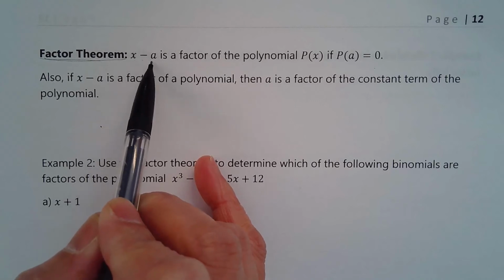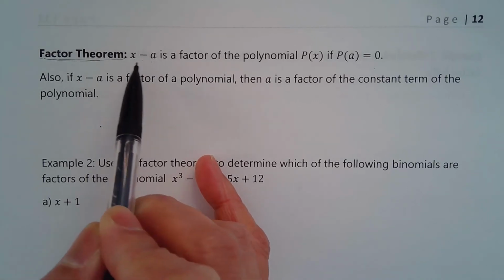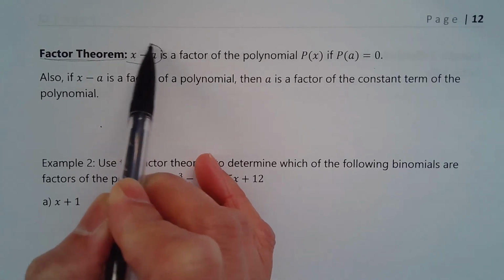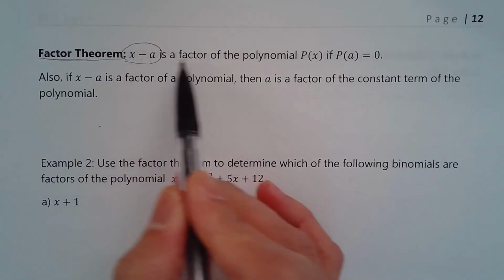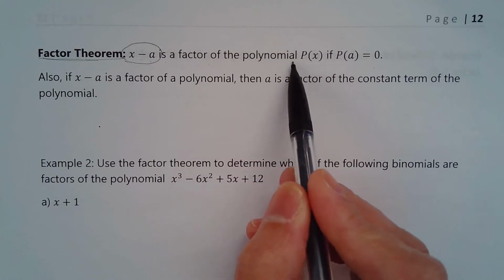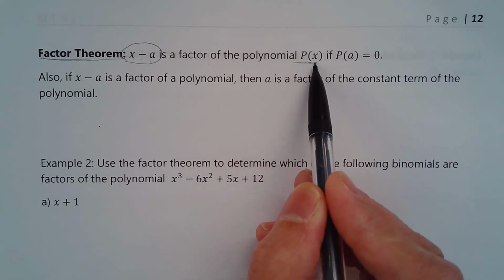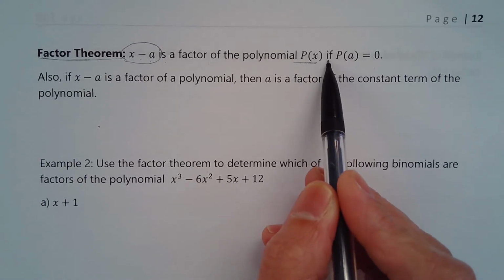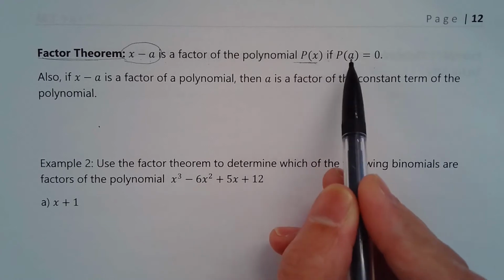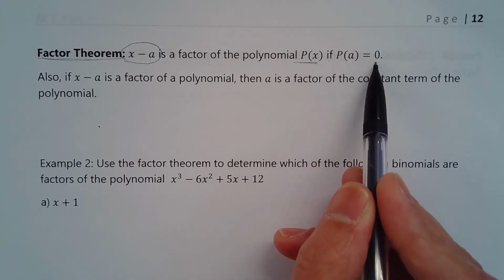The factor theorem: x minus a, this is a binomial. The binomial x minus a is a factor of the polynomial p of x, which is just shortened, if p of a is equal to 0.